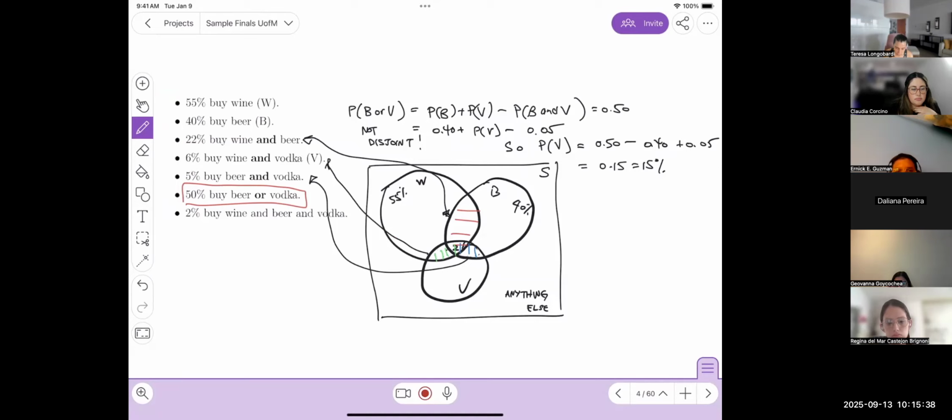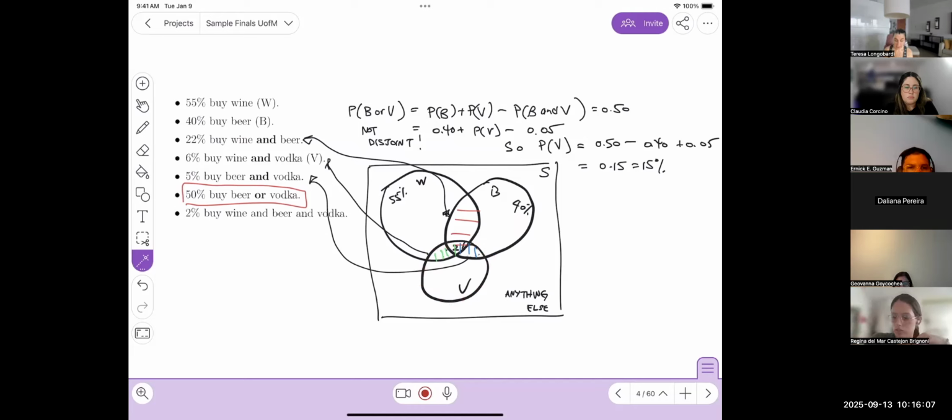So your question was, can I do it? Because the wine is 55 and it's the whole, and the beer is 40 and it's also the whole, we would have to get the whole vodka to get that 100%.